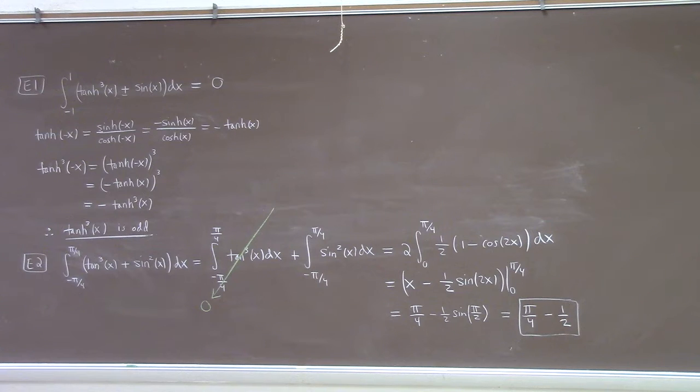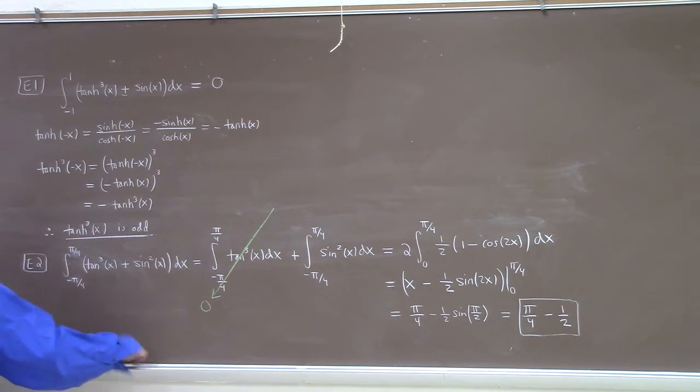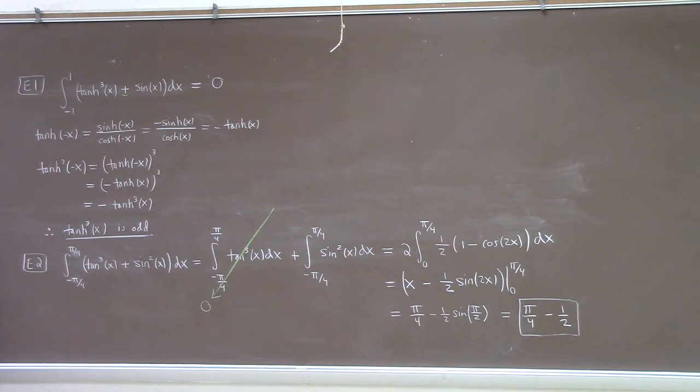Why did you change the integration from 0 to pi over 4 instead of negative pi over 4? So that's because sine squared is even. I can use this theorem, if you will, this identity. I can double the integral from 0 to pi over 4.